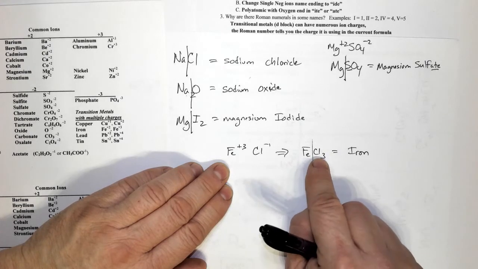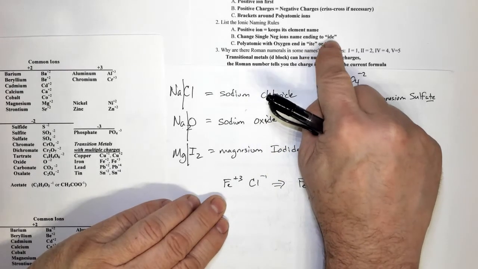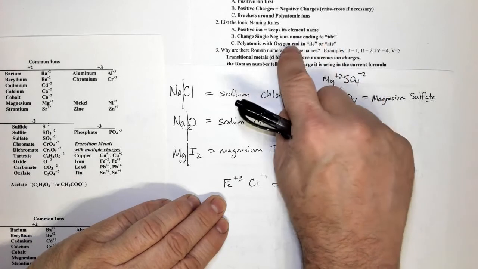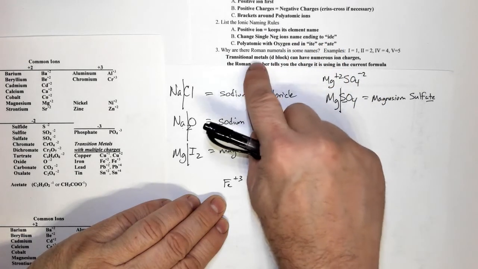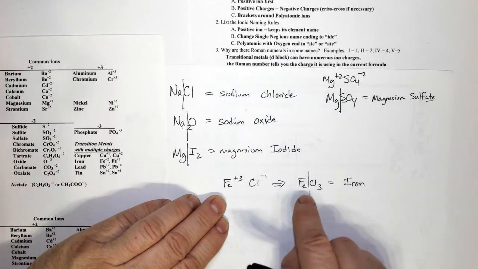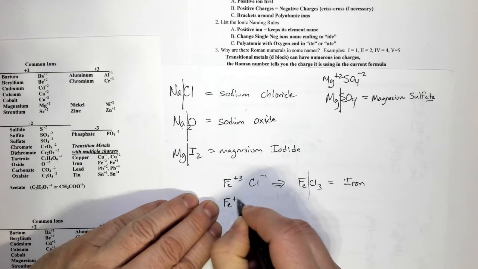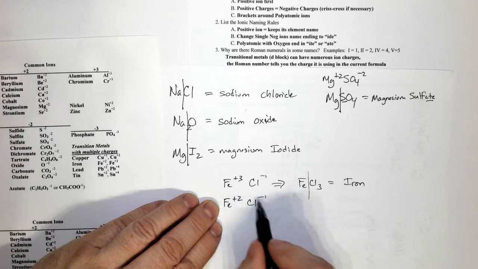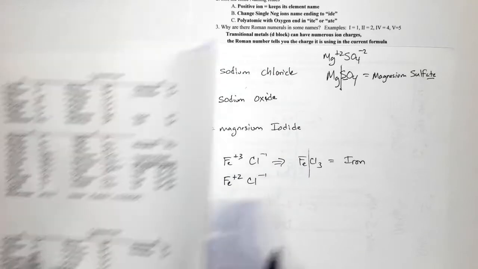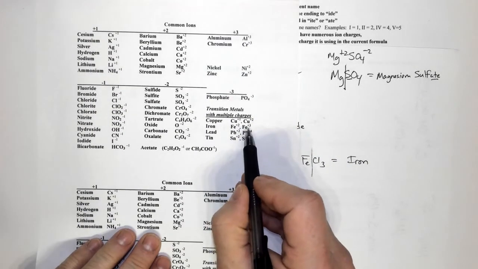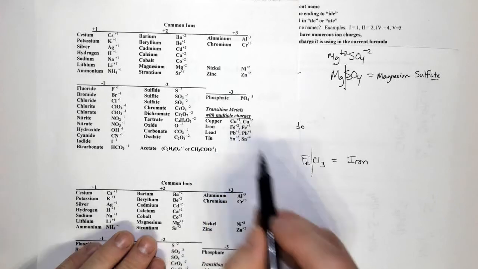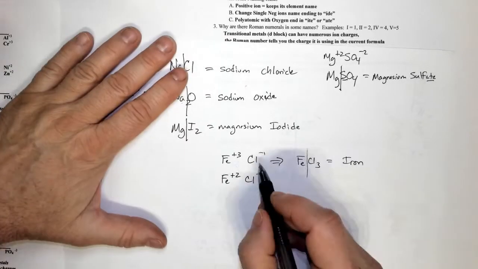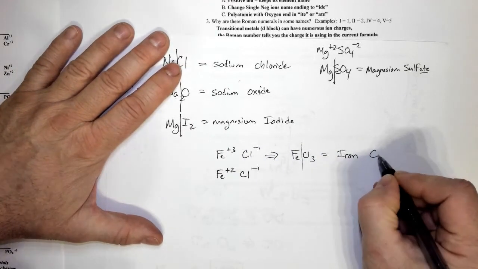But remember we said if it's single, it ends in "ide," but if it's attached to a transition metal, transition metals sometimes can have multiple charges, and I have to tell you which one it's using. So iron likes +2 or 3, so if it's in a formula, I have to add something to its name. This would be called iron chloride.